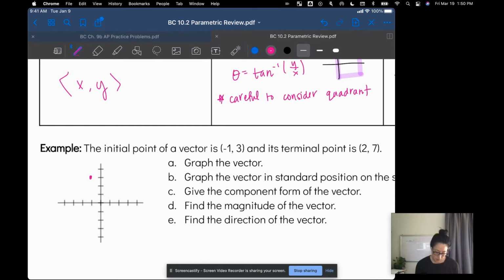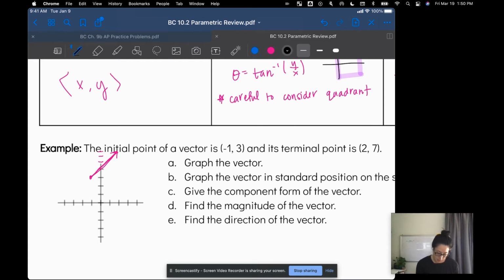Okay, the terminal point is 2, 7. A little off there. Okay, so this right here is my vector.